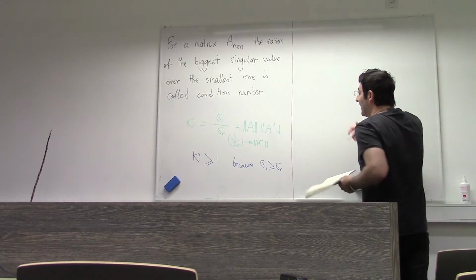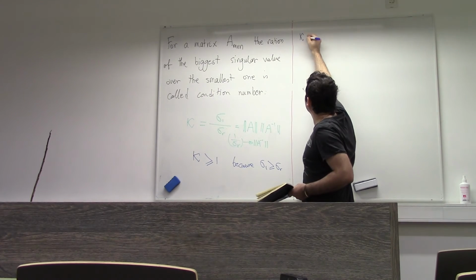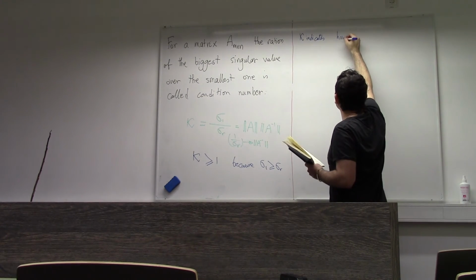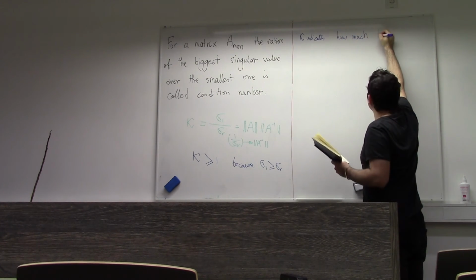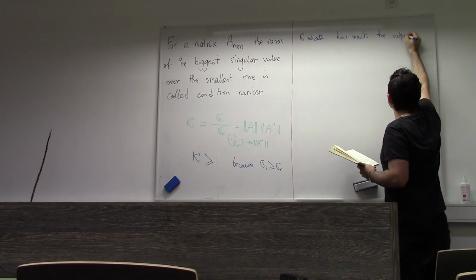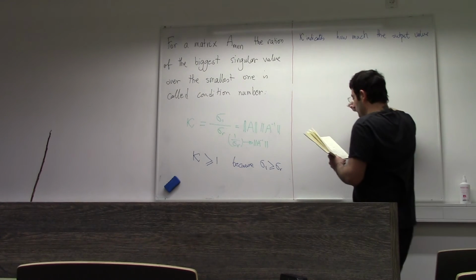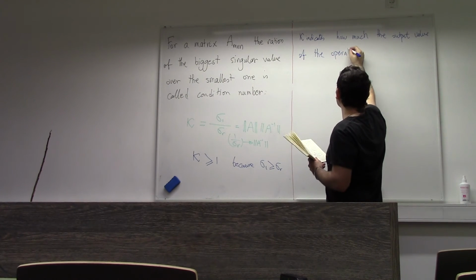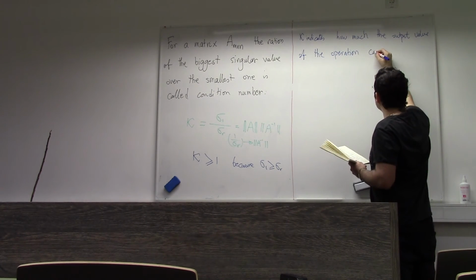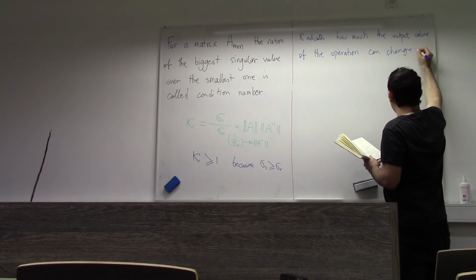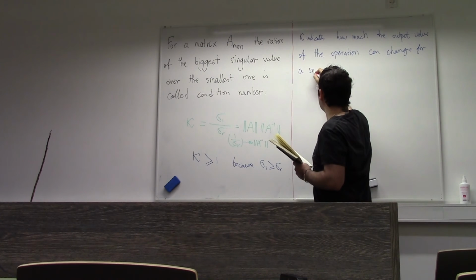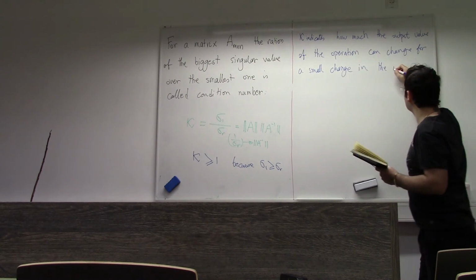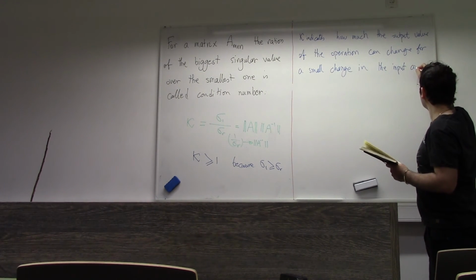The condition number indicates how much the output value of the operation or function or system can change for a small change in the input arguments.